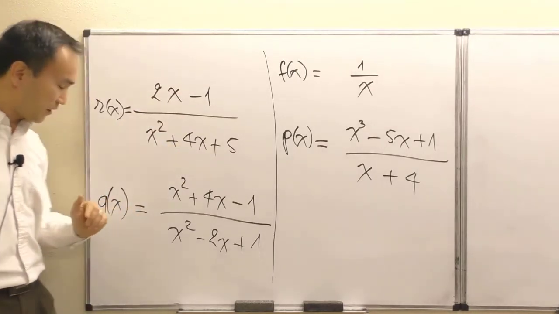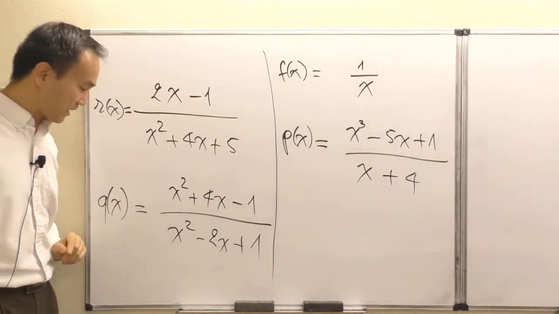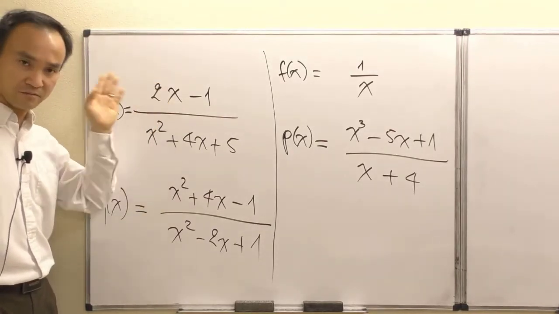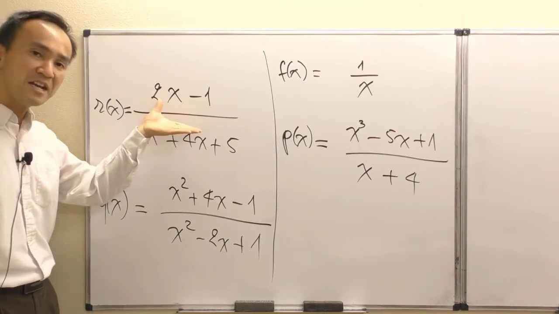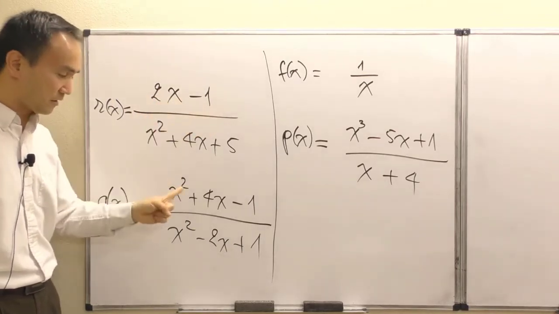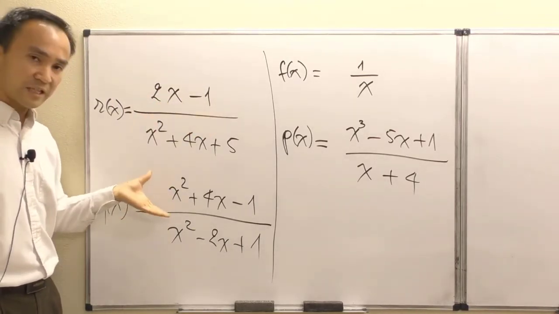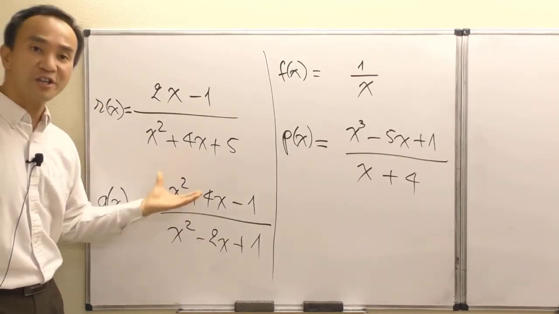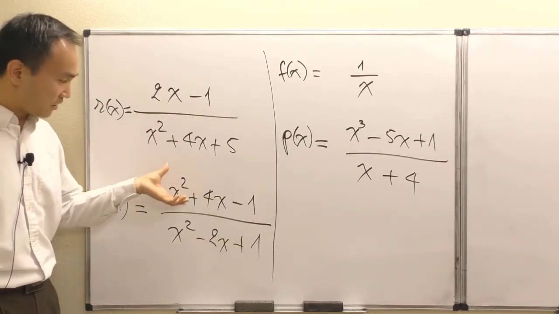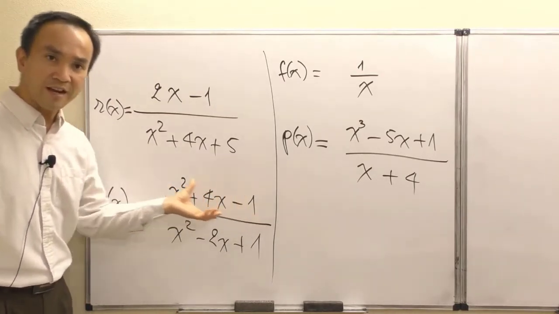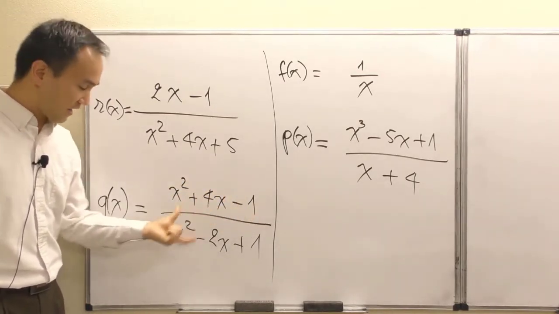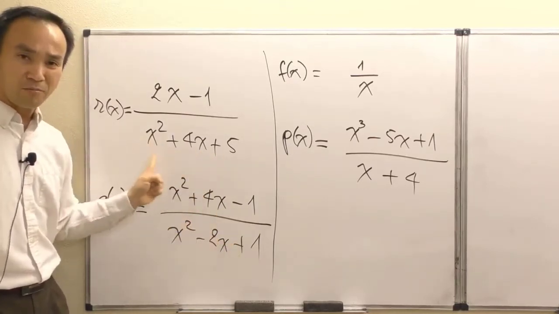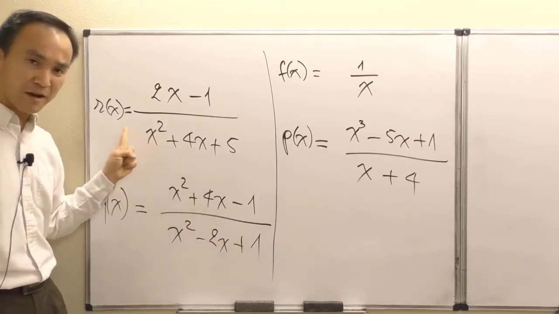All right, and then moving on to q of x on the board here, I see another, similar feature, the same main feature. It's a fraction. The expressions in the numerator and the denominator are even larger, a more complicated-looking expression in the numerator, and about the same complexity in the denominator compared with r of x.